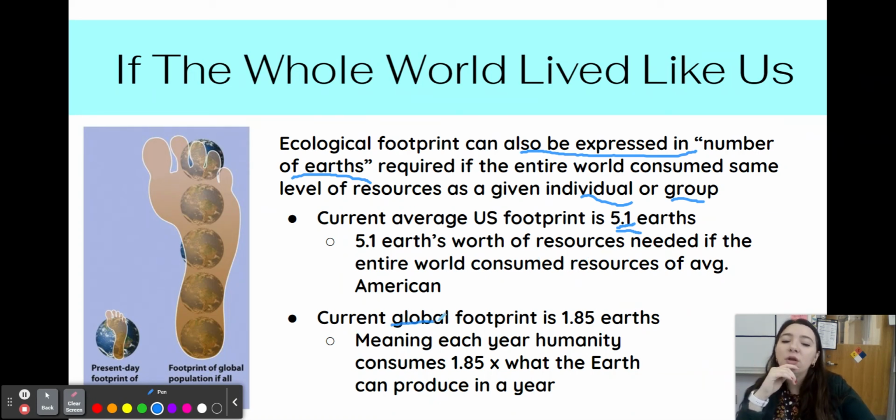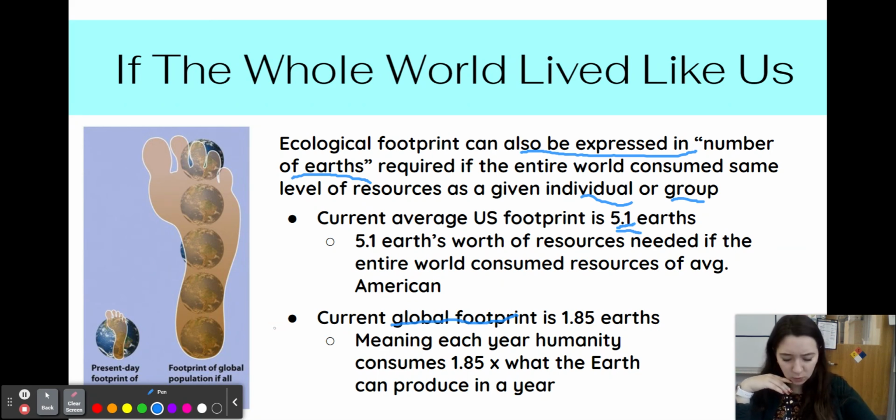Okay. The current global footprint is 1.85 Earths, meaning each year humanity consumes 1.85 times what the Earth can produce in a year. If you are watching this before we do our ecological footprint activity, you will calculate your own ecological footprint.